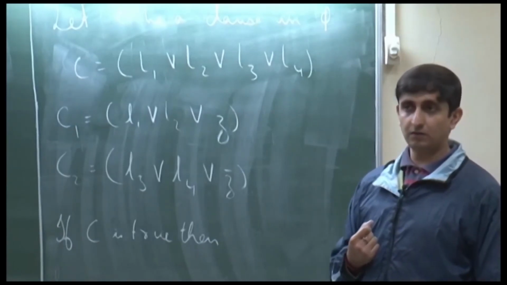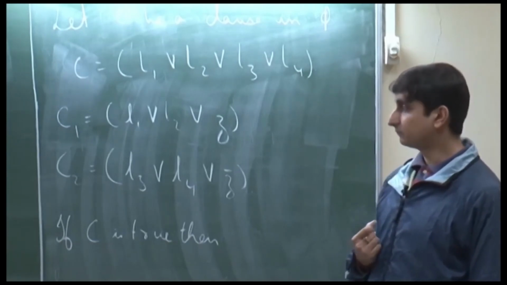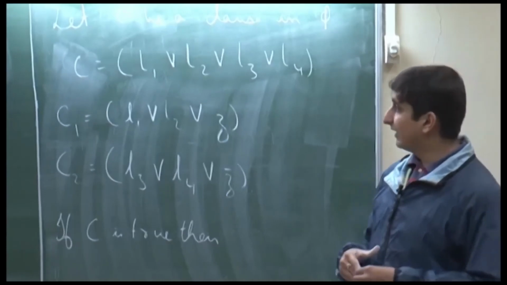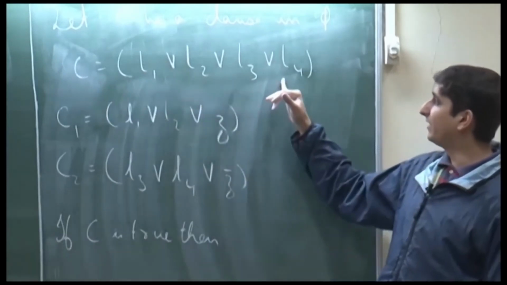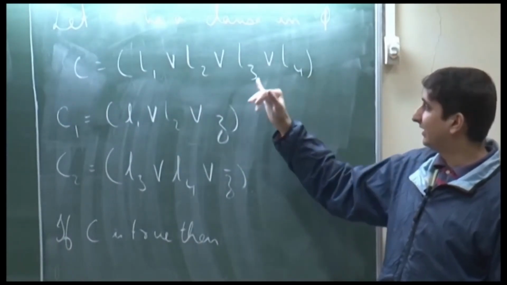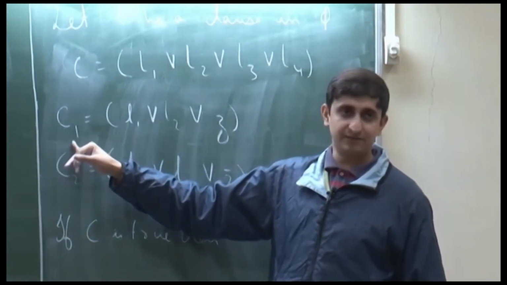If L1 or L2 is true, then we will take Z as false. So, if the clause C is true, then there is at least one literal amongst these 4 that is true. Let that literal belong to C1 without loss of generality.